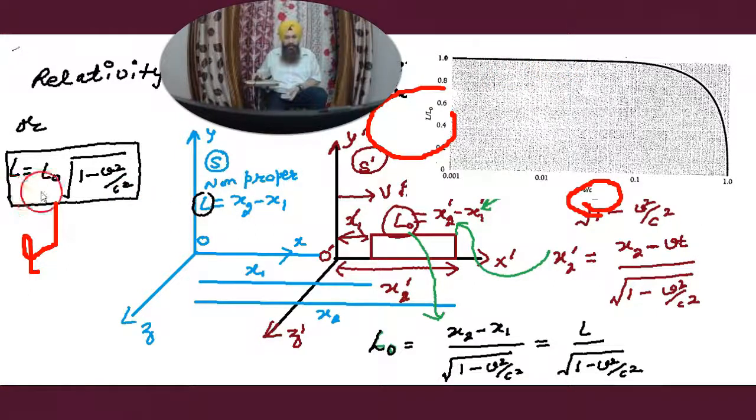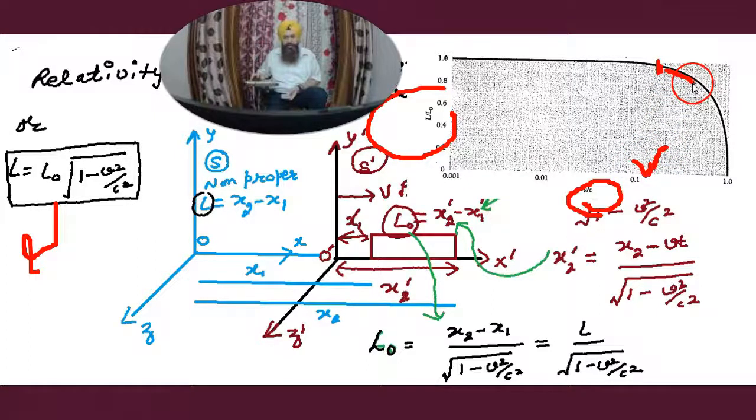L will be equal to L0 if the velocity of the moving frame is small, not too much. Notice that up to here there will be no change. The change appears only when you cross this point.